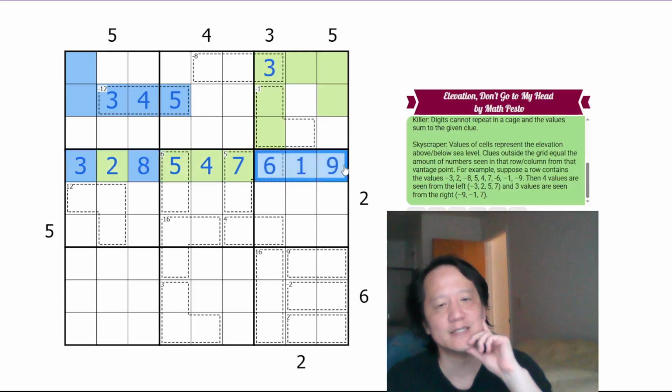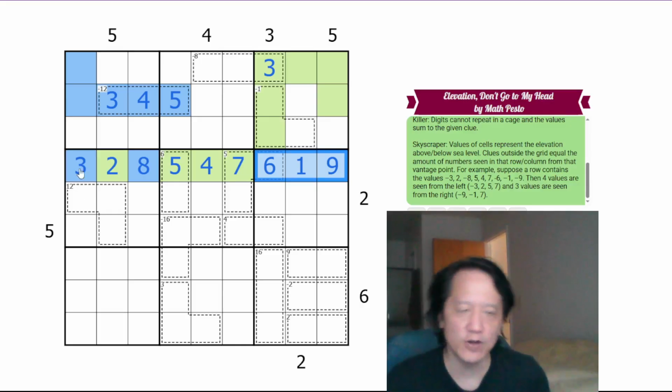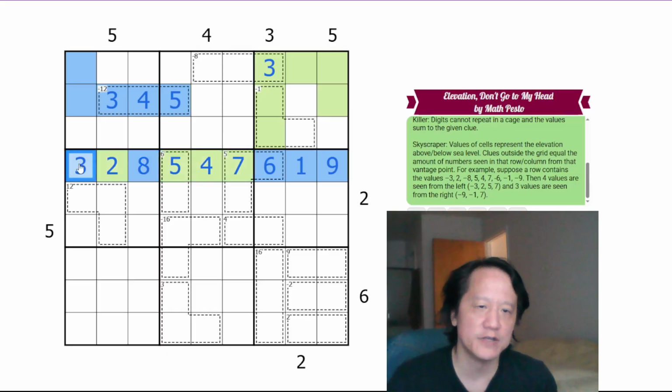And it would not see the negative 6, negative 1, negative 9. So from the left, it would see 4 values: the negative 3, the 2, the 5, and the 7.